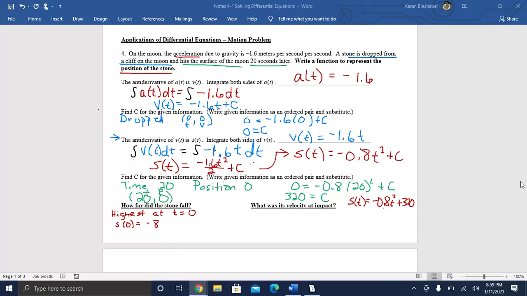So negative 0.8, put 0 in for the time squared, and then plus 320. And so that would give us 320 for the position. S of 0 would equal 320, and that would be in meters. So the stone fell 320 meters.